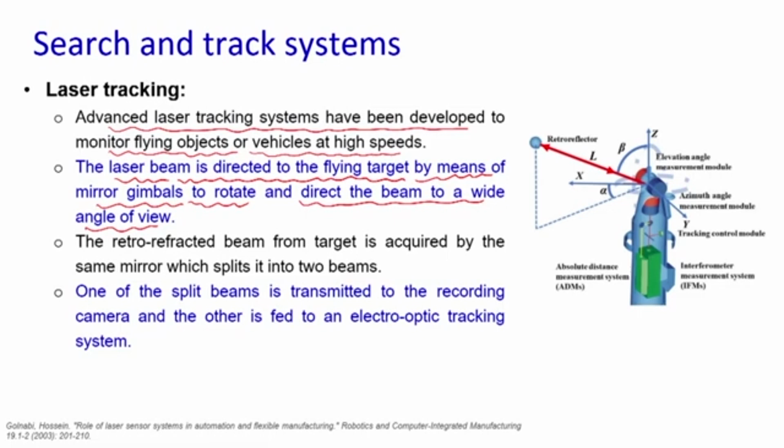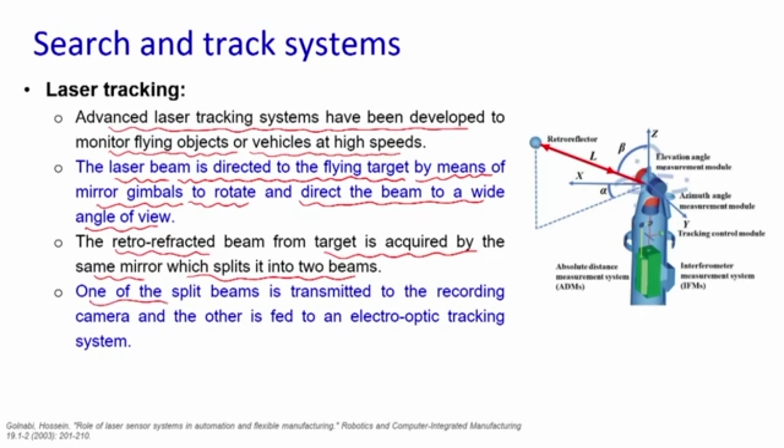The retro-reflected beam from the target is acquired by the same mirror. There is reflection of the beam from the part, and that is acquired by the same mirror, a mirror gimbal, which splits it into two beams.